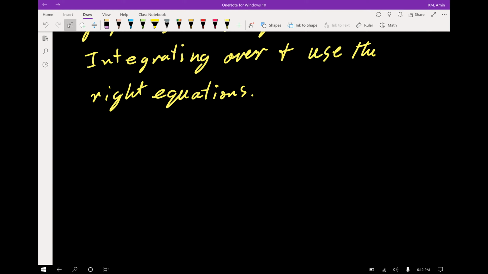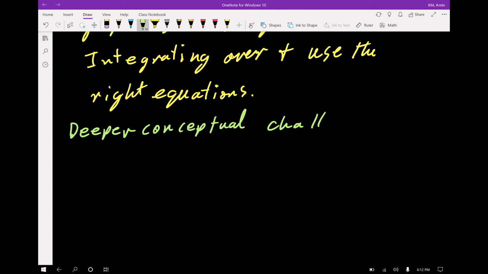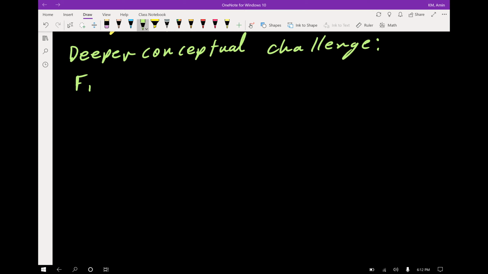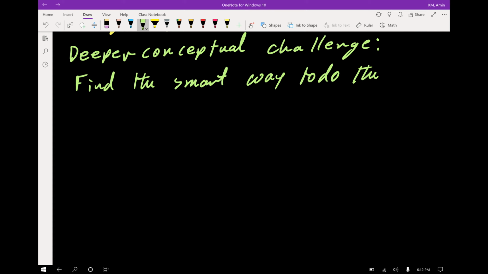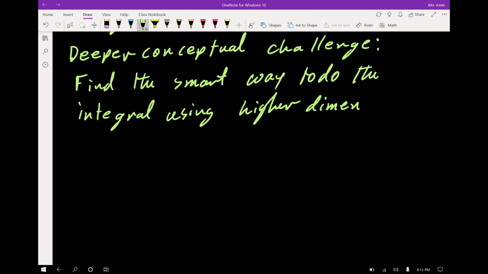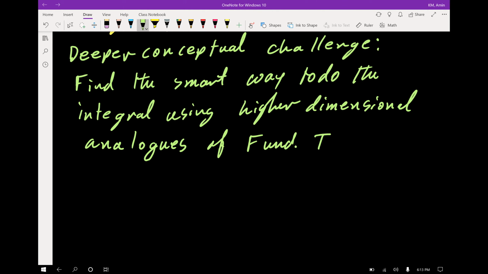So, deeper conceptual challenges. Find the smart way to do the integral using higher dimensional analogs of the fundamental theorem of calculus.